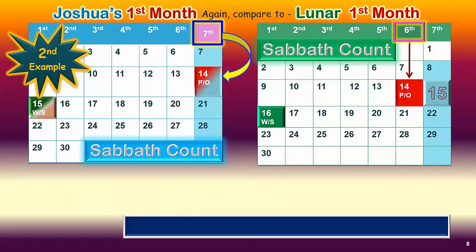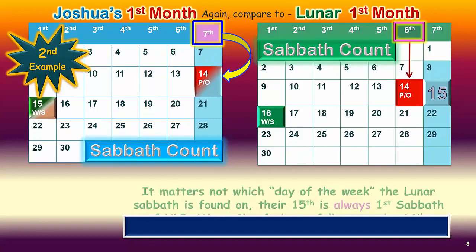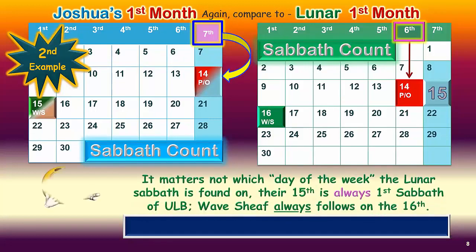It's on the 6th cycle, but on Joshua's, it's on the 7th cycle, on the 7th-day Sabbath. Why is that? How can the lunar calendar demand that? It matters not which day of the week the lunar Sabbath is found on. Their 15th is always the first Sabbath of unleavened bread, and Wave Sheaf always follows on the 16th.